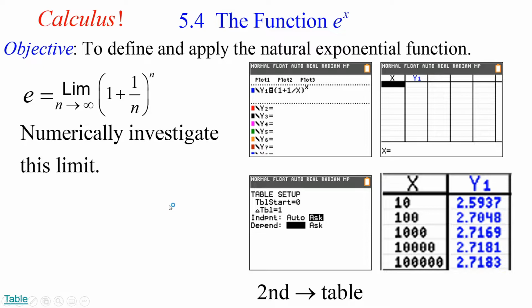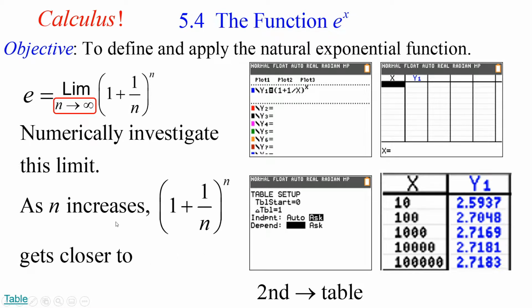So we can at this point say the limit as n approaches infinity, these n's are getting bigger and bigger and bigger, and I know in the calculator we call them x's, all right? As n increases, 1 plus 1 over n to the n power gets closer and closer and closer to 2.718 something.